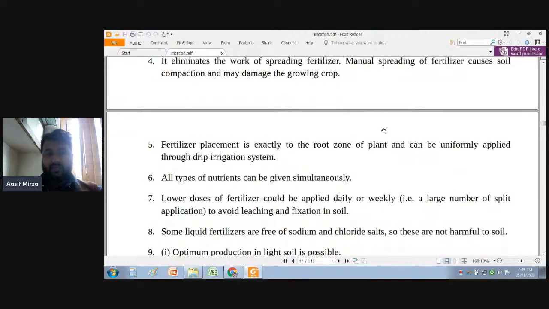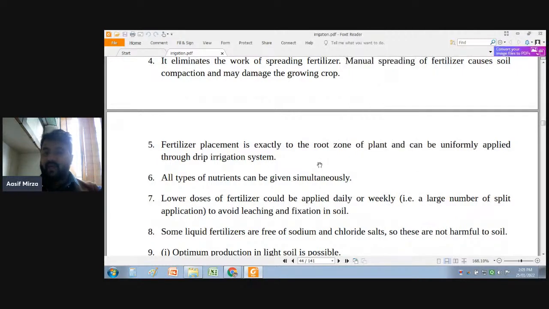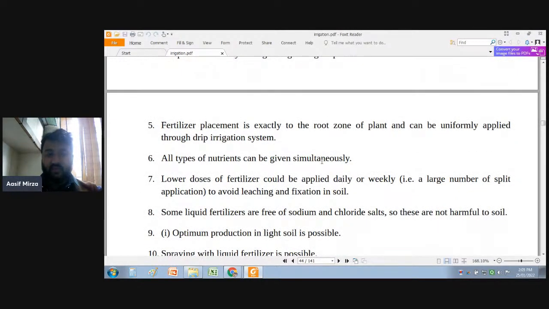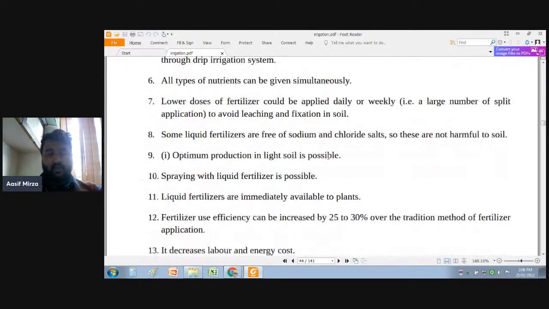Lower doses of fertilizer could be applied daily or weekly, that is, a large number of split applications to avoid leaching and fixation in soil. Some liquid fertilizers are free of sodium and chloride salts, so they are not harmful to the soil. Optimum production in light soil is possible.